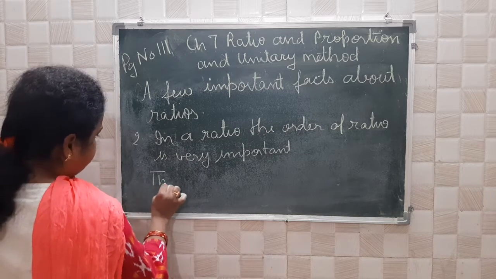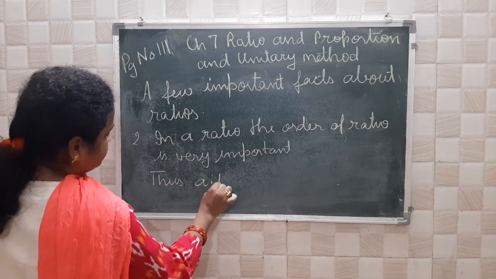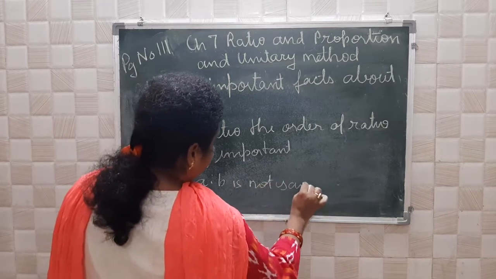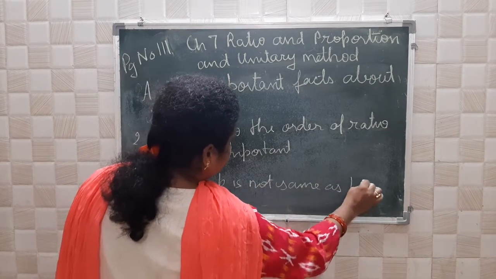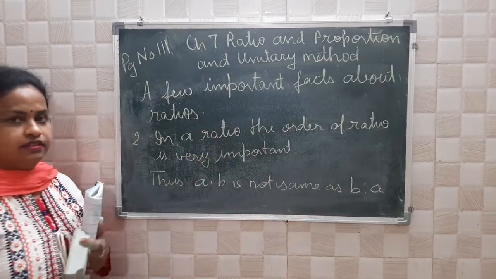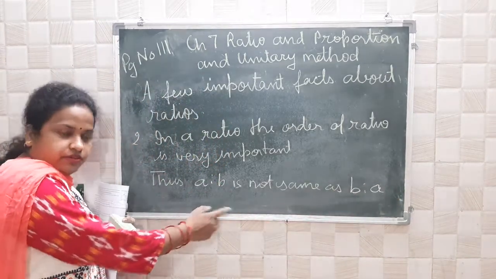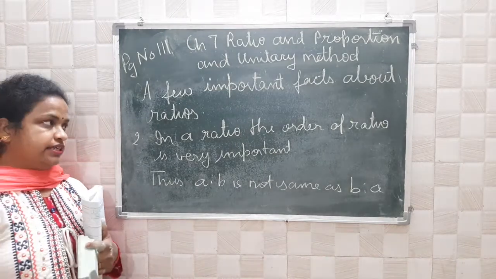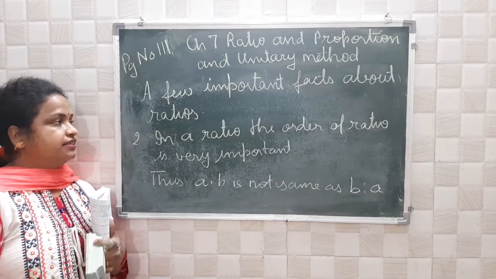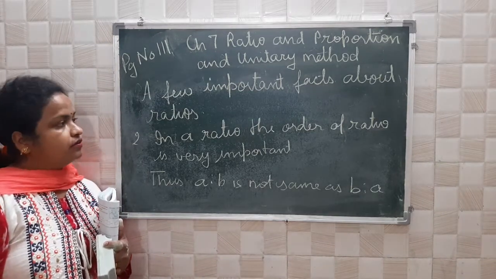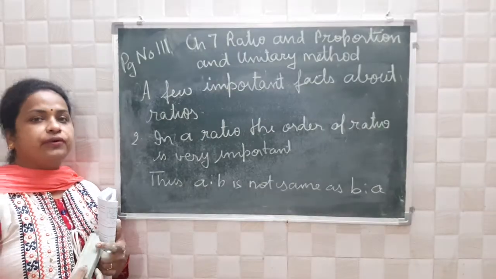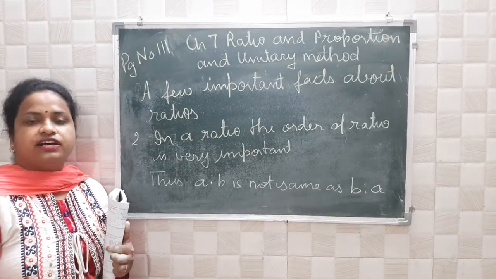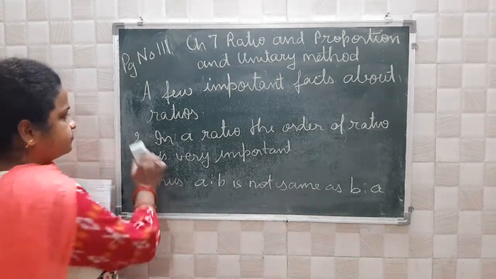A is to B is not the same as B is to A. If you are writing A is to B, you cannot write B is to A, because it will change. So we say that the order of ratio is very important. If you change the order, the value will change and definitely your answer will also be wrong.